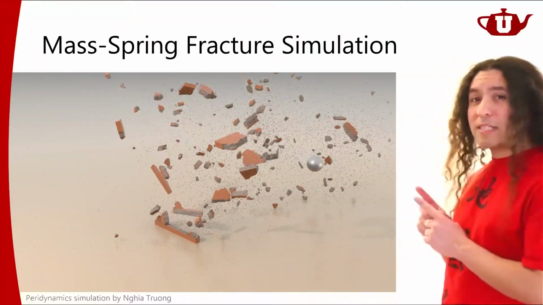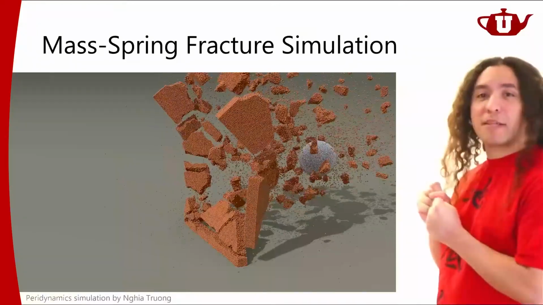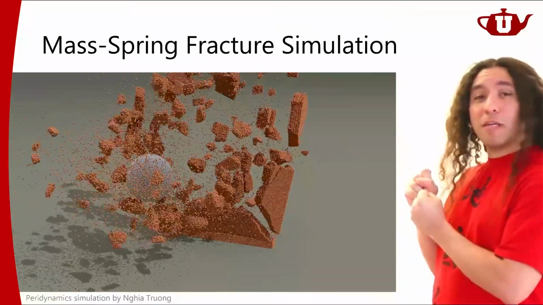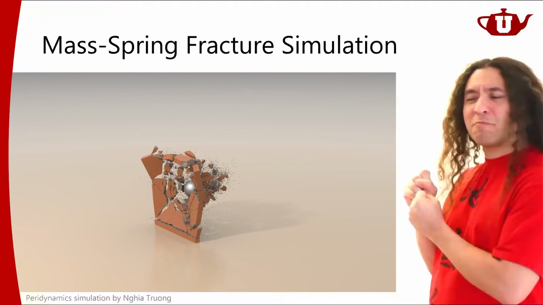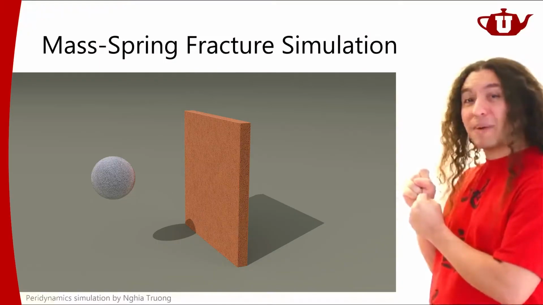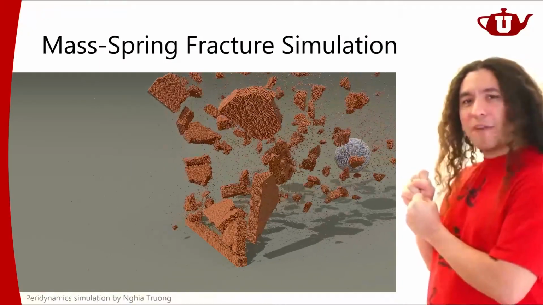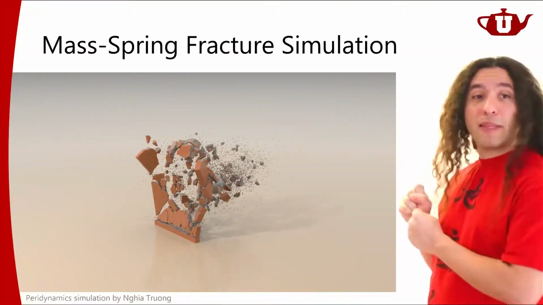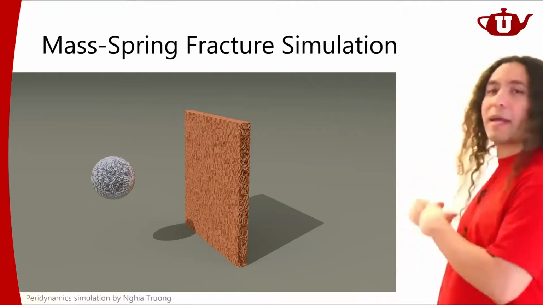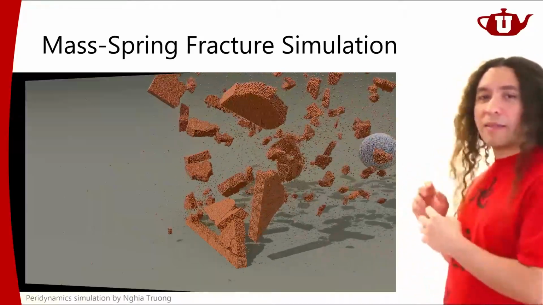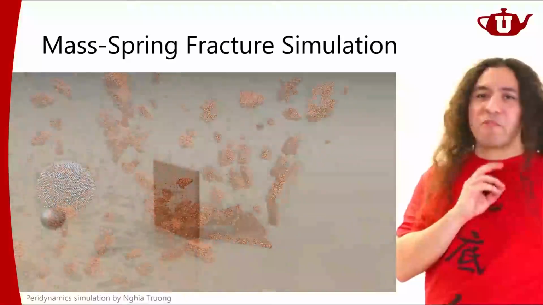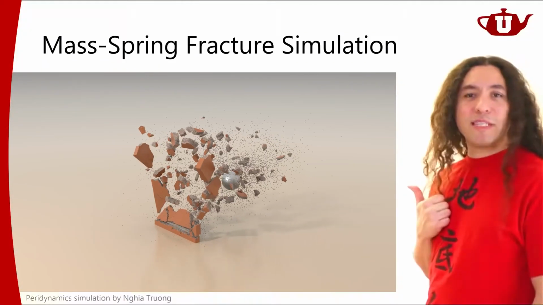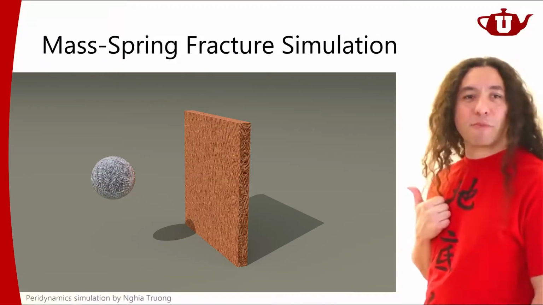And these springs are really super stiff springs, so they don't extend that much. If you extend them a little too much, they can vibrate a little bit, but they don't extend very much. And if you extend them just a little too much, the springs are going to break. And when they break, the neighboring springs break, and the neighboring springs break, and the whole thing fractures in a fraction of a second, and forms these really interesting fracture patterns.